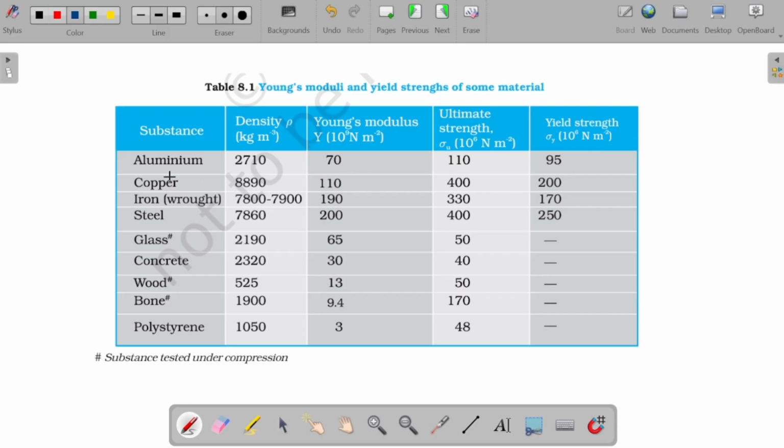This strength is very high in these cases, and of course we have Young's modulus also. So we can say these materials have high tensile strength. If we have to choose which one out of these four should be used in making heavy machinery or large constructions based on tensile strength, steel should be our reference.